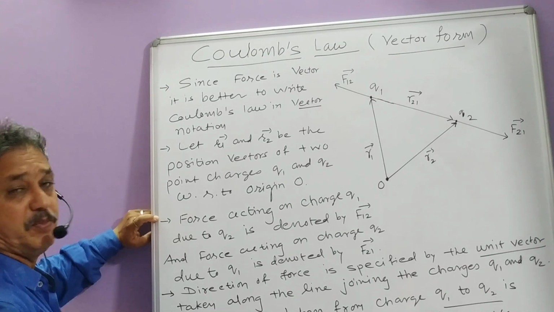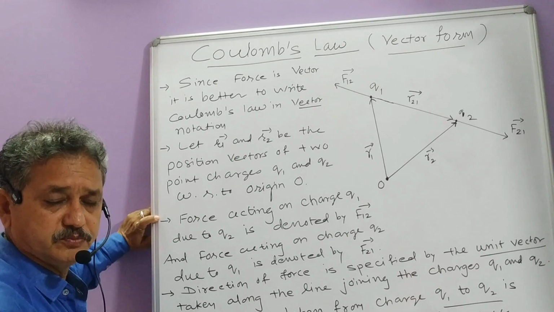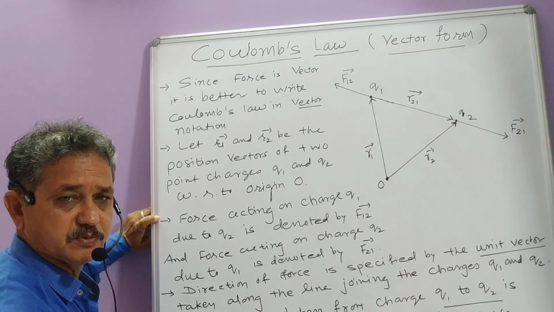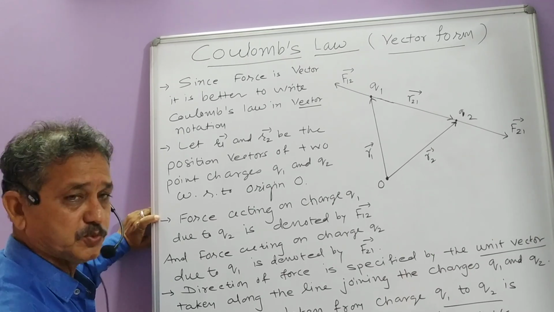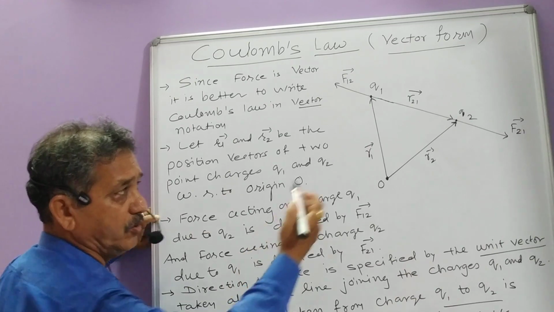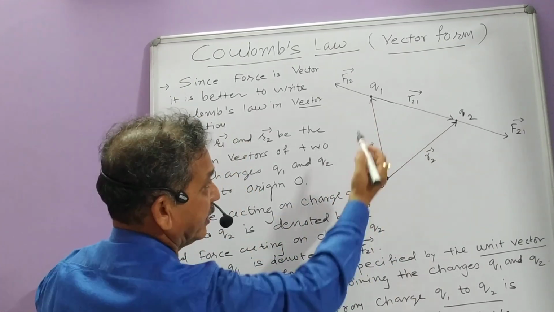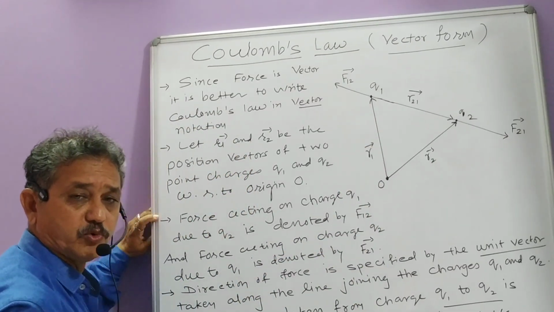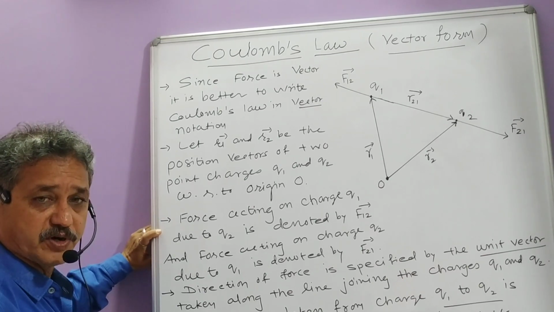Now, we may consider these charges Q1 and Q2 to be either both positive or both negative, because of which there will be a force of repulsion between them. This force of repulsion acts on charge Q2 due to Q1, or on charge Q1 due to Q2. As we have to write this force in vector form, there are two different symbols.